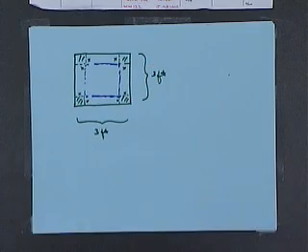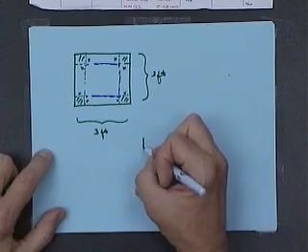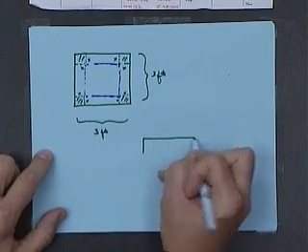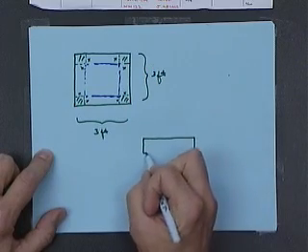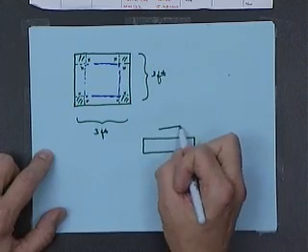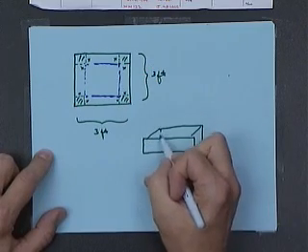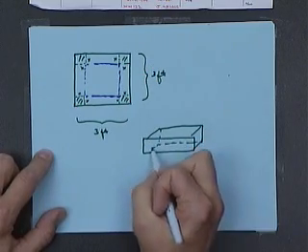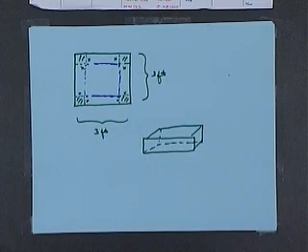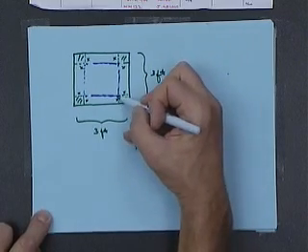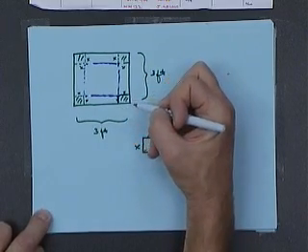So we're going to have a box that doesn't have a top. That hopefully is a little better than my diagram here. How tall is that box when you cut x by x out of each corner and fold up the sides? It's x tall, because this is what actually gets folded up, right?